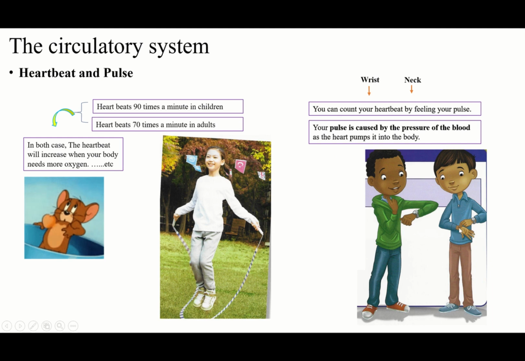It means when you press on these arteries here and there, you feel how many times the blood moves through very fast. Then you can count it in a minute. Take the time for a minute, and count how many times the pulse beats in that minute. If you repeat it 3 times, it's better actually, and you can record the result.